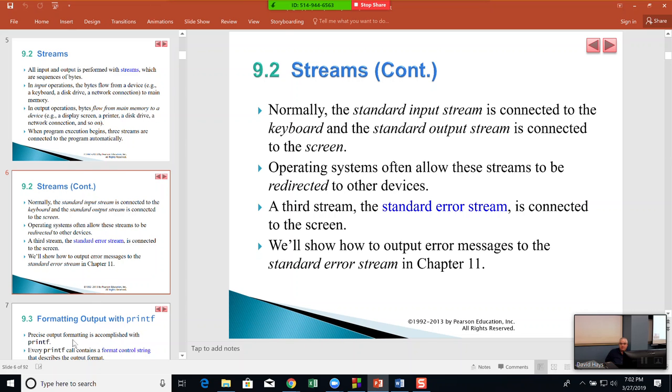Operating systems often allow these streams to be redirected to other devices. I think I showed that in Linux a little bit, right? Where you could redirect your output into a file. I'm not sure if I showed that. But we'll see that later in the book, where we'll take the output and send it into a file.